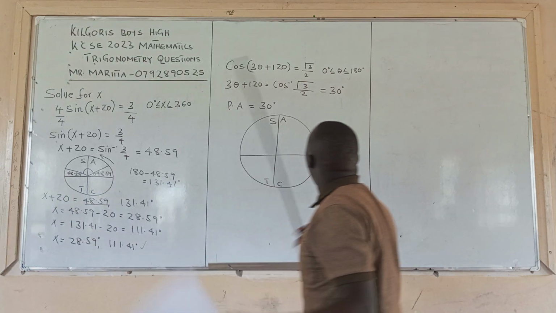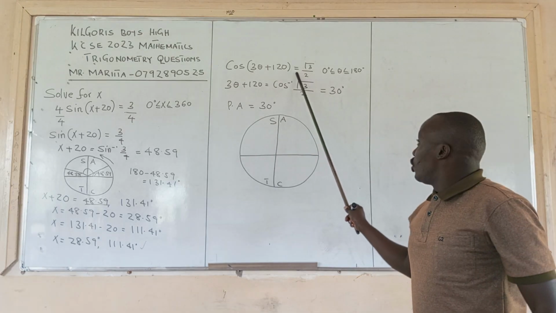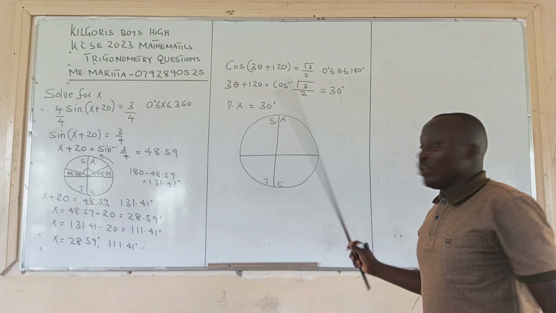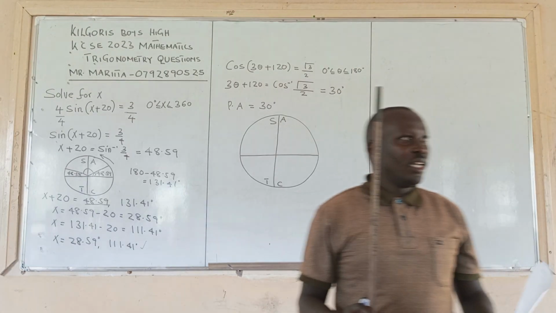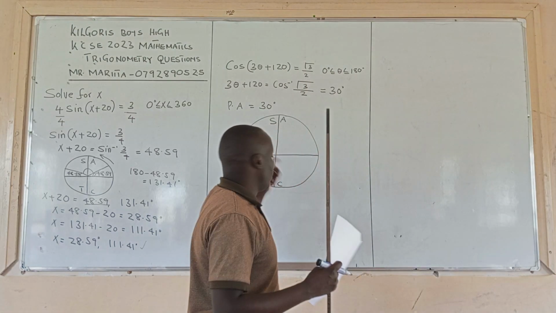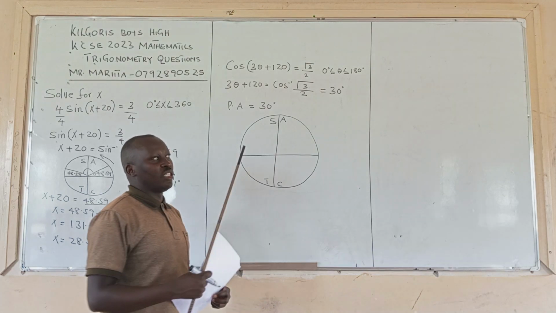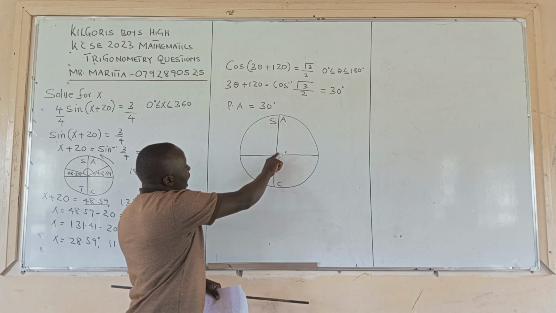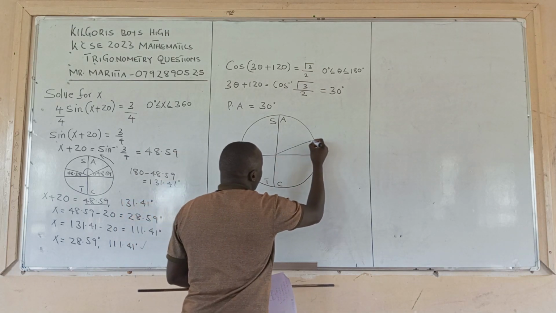What we have here is positive, and this is the cos, so we are supposed to check on this unit circle, on which quadrant the cos is positive. So where can we find our solution in this unit circle? All of them here are positive, so we can find it in the first quadrant.